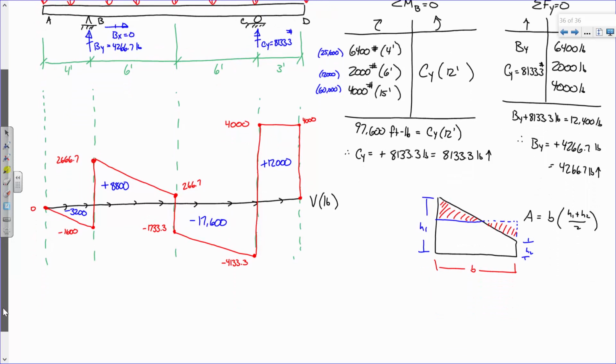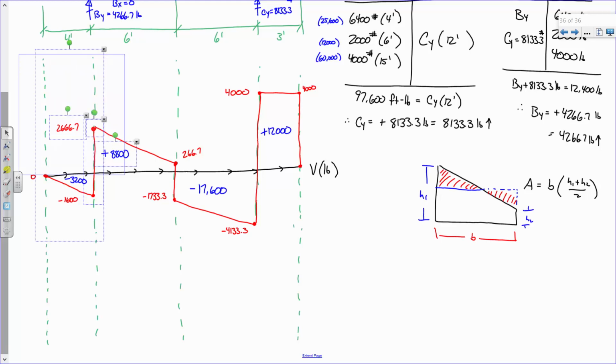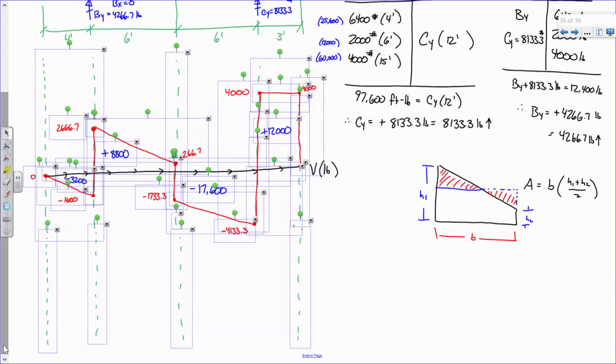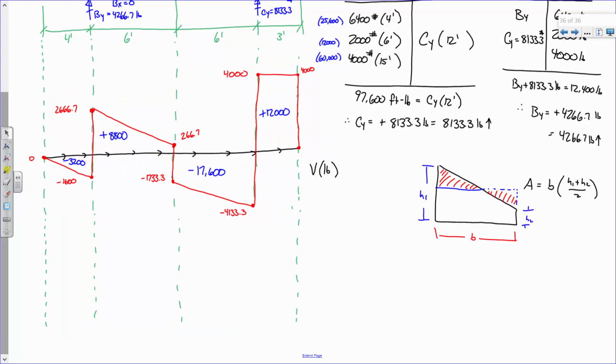All right. Now what I'm going to do is this. I'm going to drag this down a bit. Okay. Now, I'm also going to take this and move it up ever so slightly so that I got just a little more room. All right. Okay.